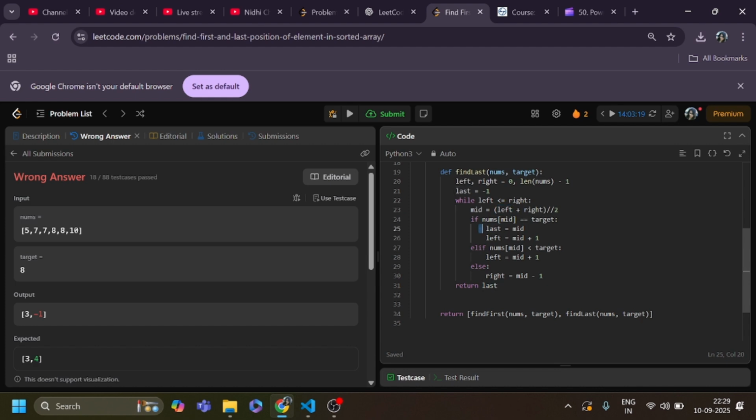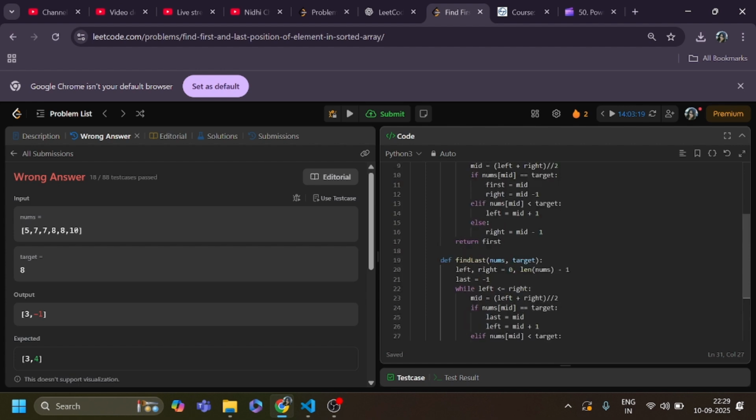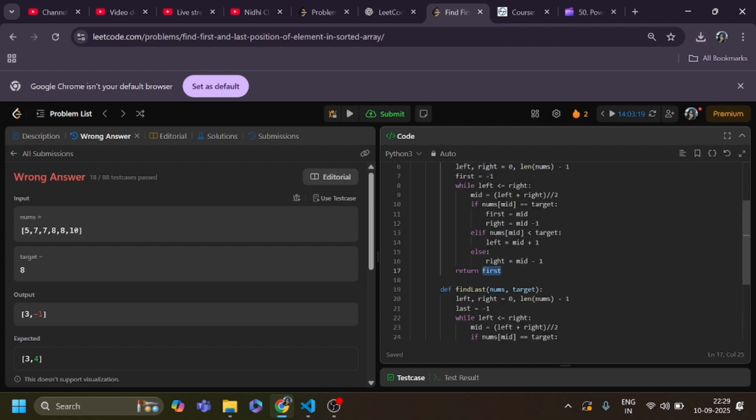I made a mistake with variable names: somewhere it is small l and somewhere capital L. I need to change it to small. Here also check. Okay, now I need to submit it.